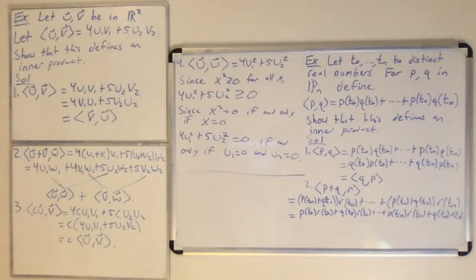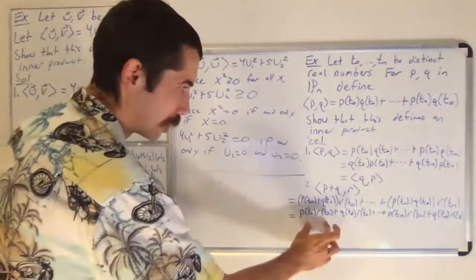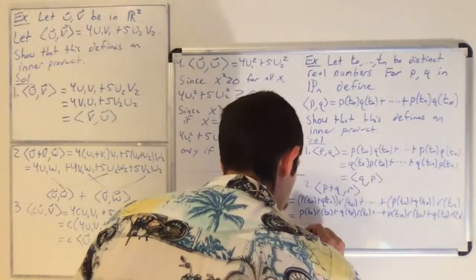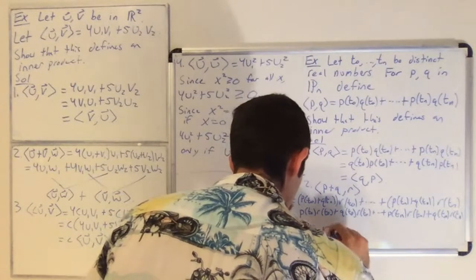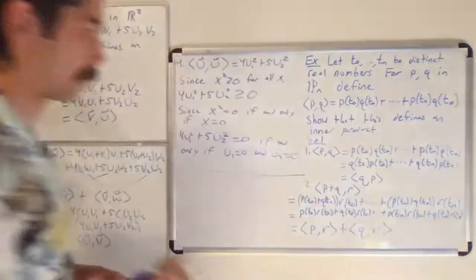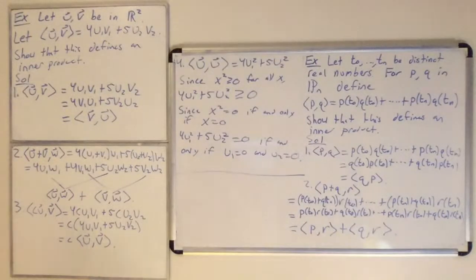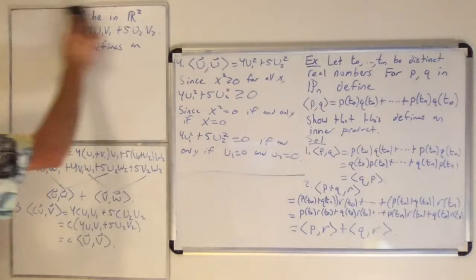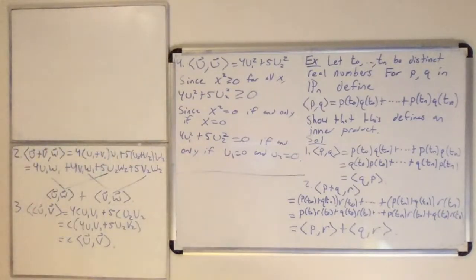And then group together the PR terms, and then group together the QR terms. And we get that, yes, we can distribute the R through the plus, so that's great. Condition 3.